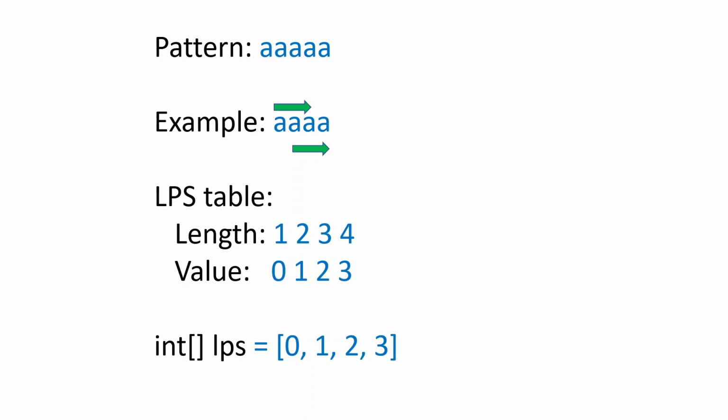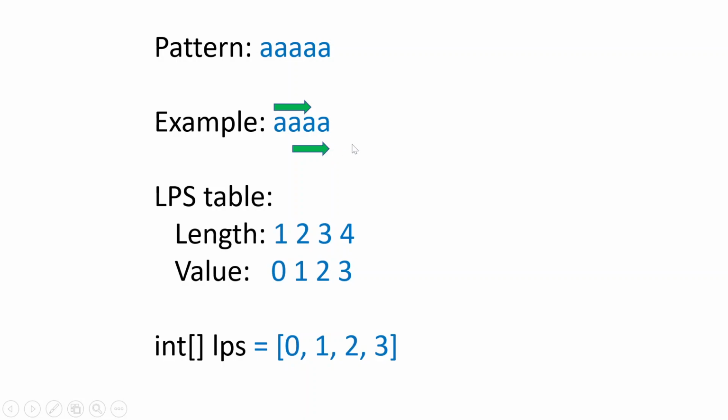Suppose we have 4 consecutive A's. As you see with this green arrow, the first 3 letters are all A's. And if you see the bottom arrow, the last 3 letters are all A's. So the first 3 letters are a prefix and the last 3 letters are a suffix.